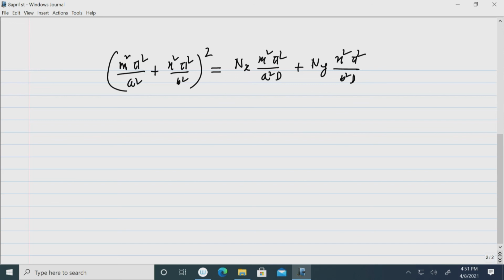Now, from that equation, if I take N_x by N_y, that is the load ratio, and take this equal to r.